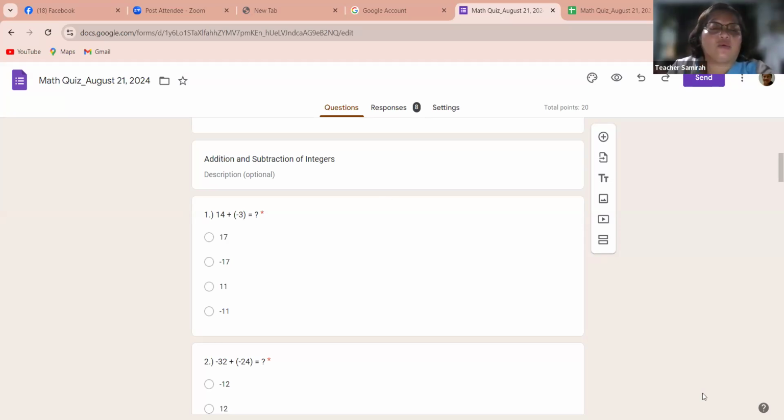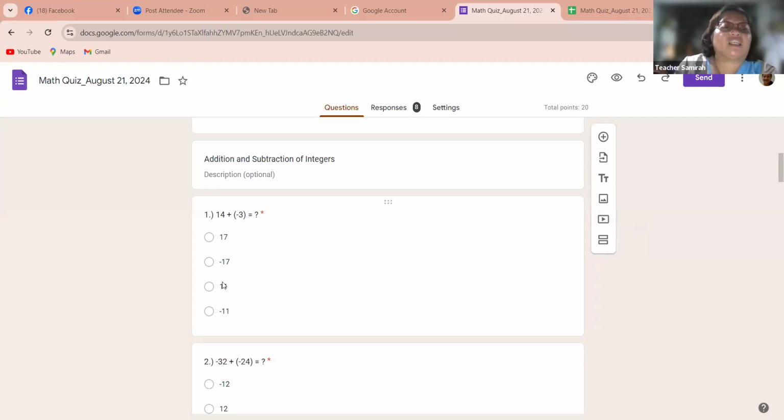And then the third rule, if we are going to add two integers having different signs, then we are going to subtract and then copy the sign of the bigger number, right?